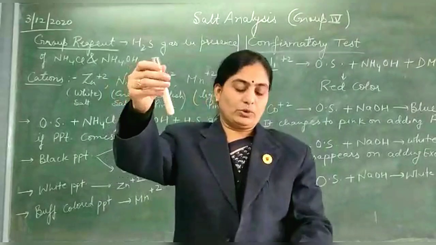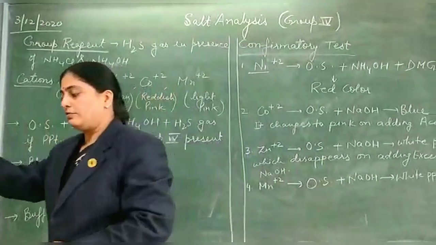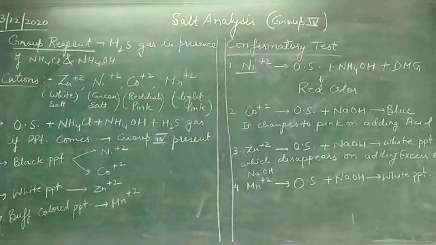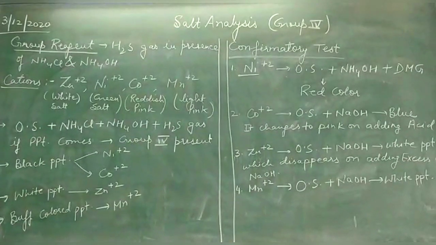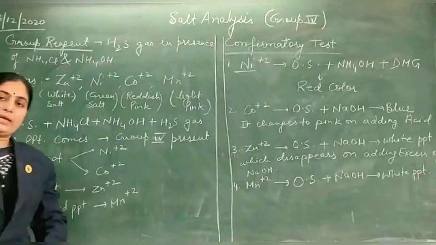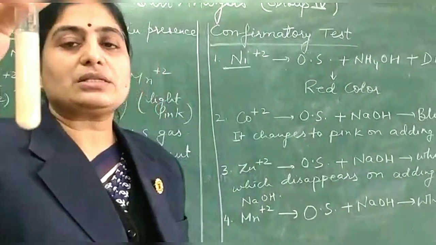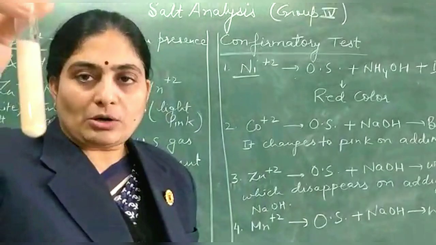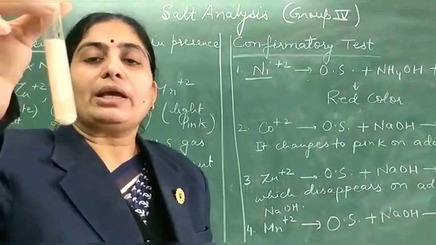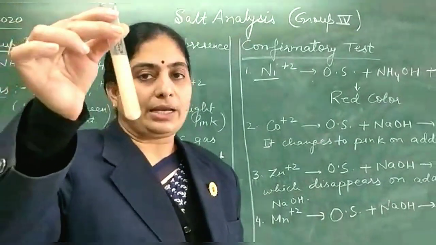Once I add ammonium hydroxide, I pass a small amount of H2S gas. I get a buff colored PPT. You can easily identify this as buff color. If we get this light brown or buff colored PPT, we can confirm the presence of manganese ion in the salt.